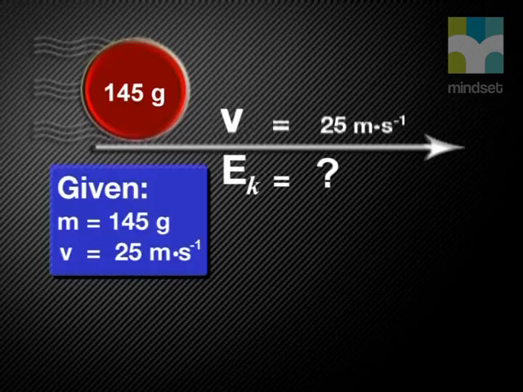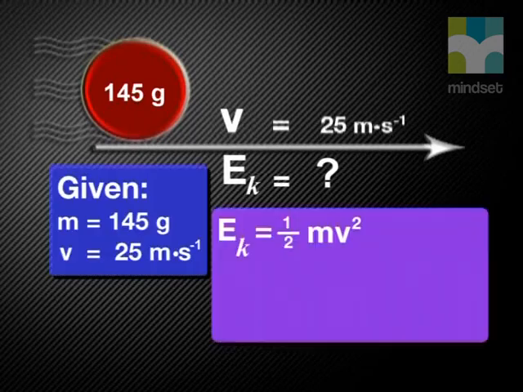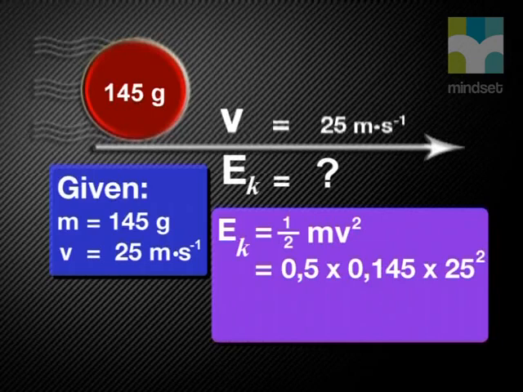Now, let's substitute these figures into the kinetic energy equation. Using the figures for mass and velocity, we calculate half times 0,145 times 25 squared. This gives an answer of 45,31 joule.